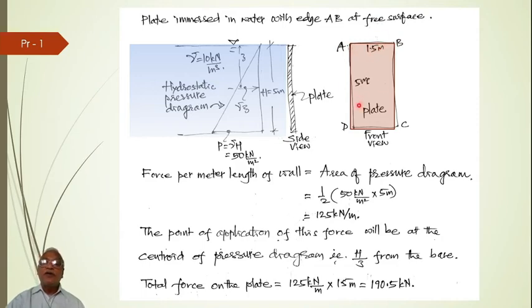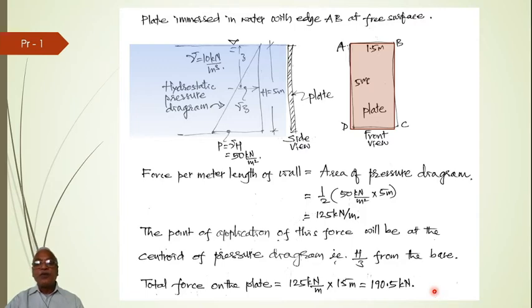If I want the total force acting on the whole plate, I have to multiply by 1.5, because what I have calculated as 125 is only for 1 meter. So total force on the plate becomes 125 kilonewton per meter length multiplied by 1.5, that is 190.5 kilonewton.